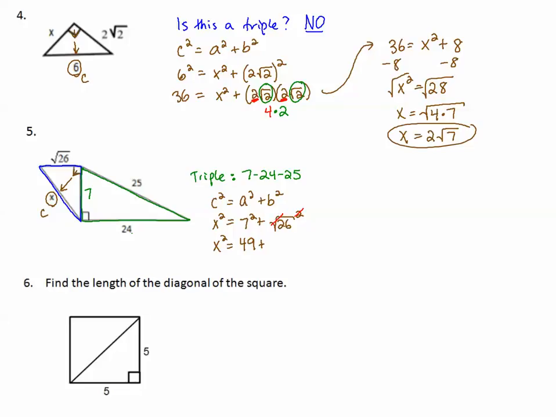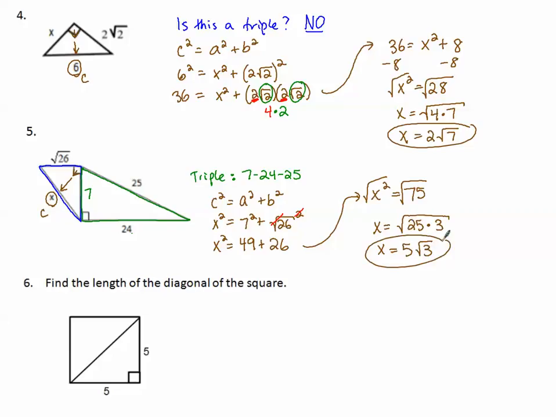They are inverse processes. 26. X squared equals 75. Take the square root. X equals 75 is not a perfect square, but it is 25 times 3. Therefore, x equals square root of 25 is 5, with 3 left over. 5 square roots of 3.